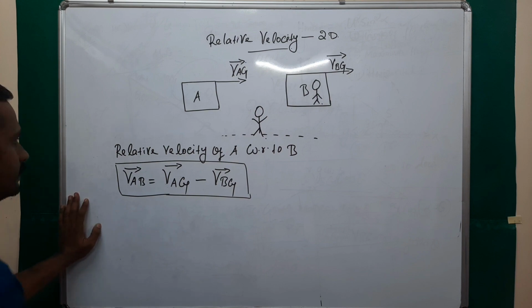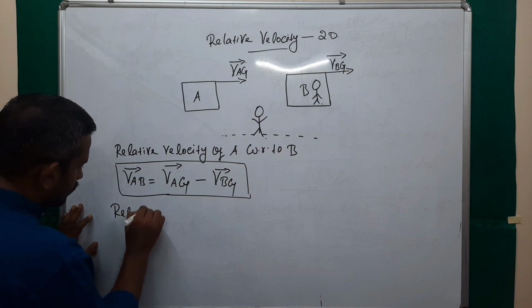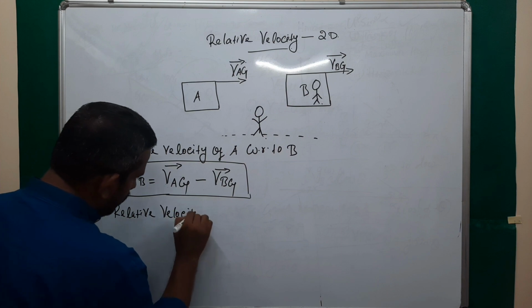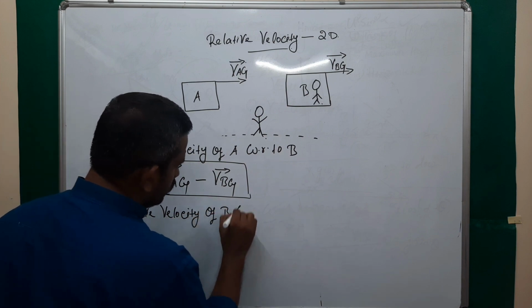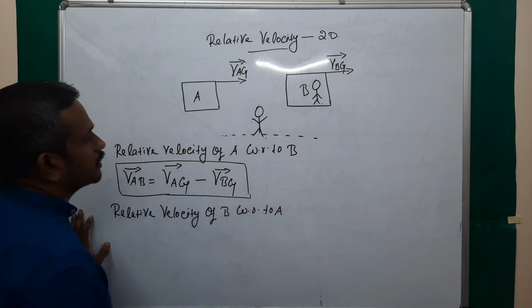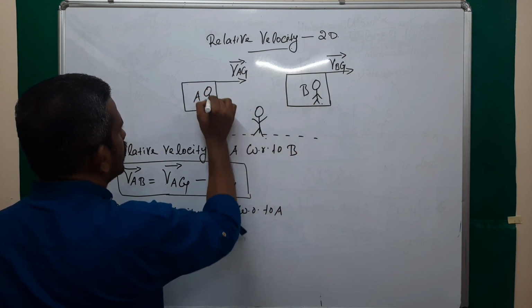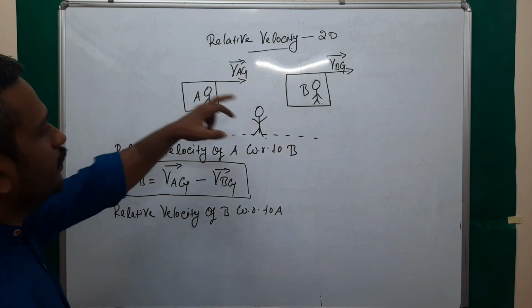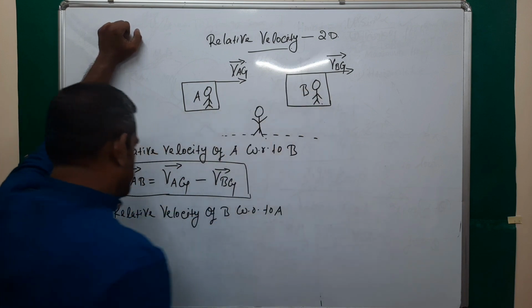Similarly, the relative velocity of B with respect to A: the observer changes its position from B to A. So the observer is on object A and he is watching B. That is the meaning.